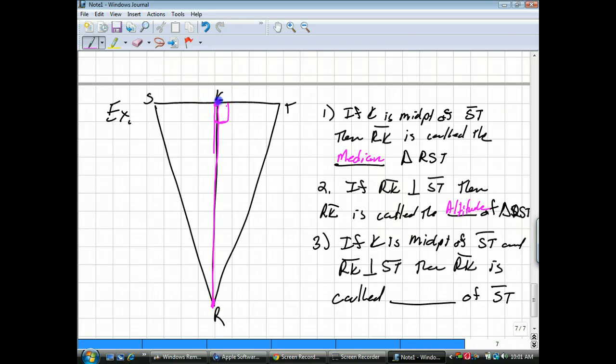Okay, so if it hits the midpoint and it's perpendicular, then it's a perpendicular bisector.